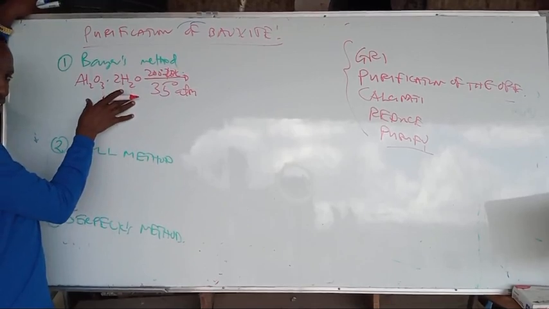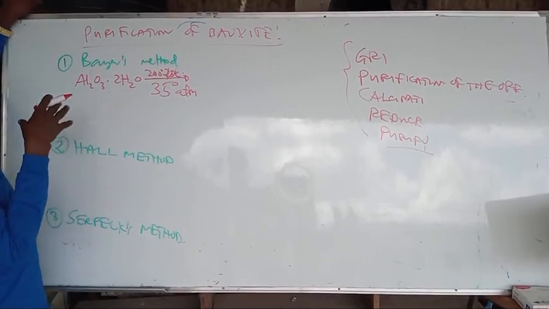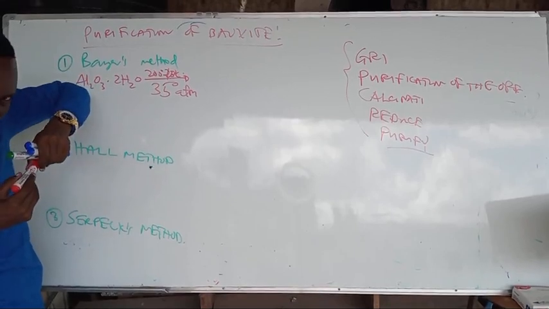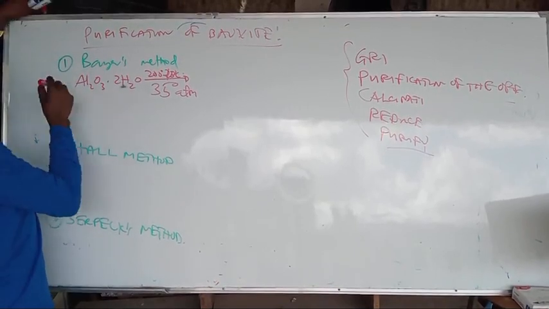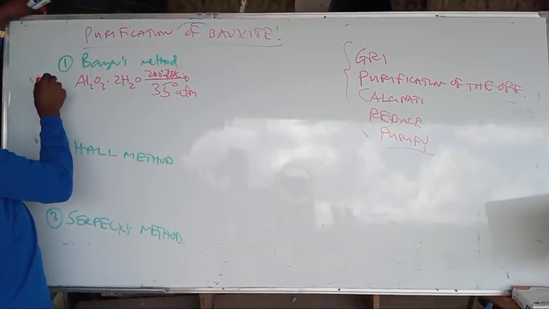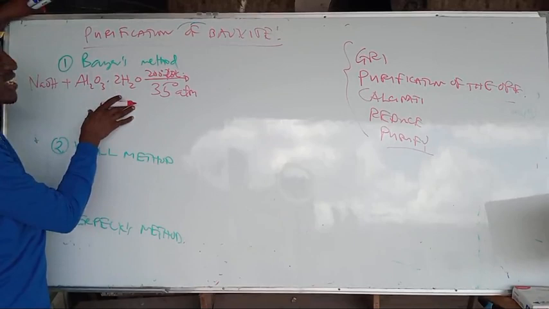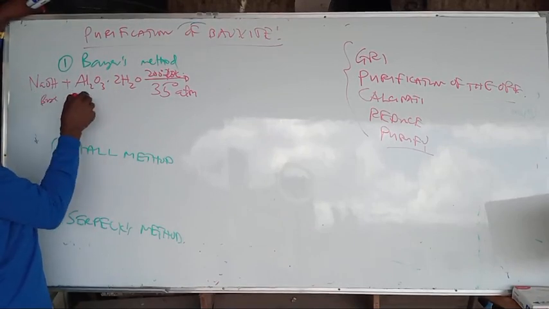This is combined with sodium hydroxide. That's the first step in Bayer's method. So you just add sodium hydroxide, the base, to the bauxite.